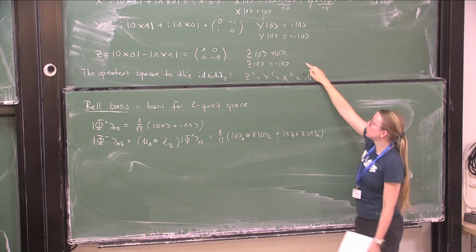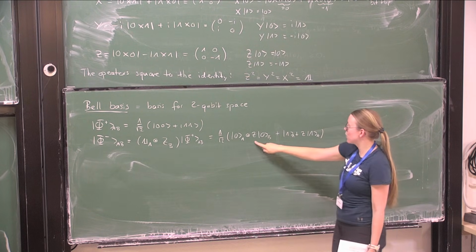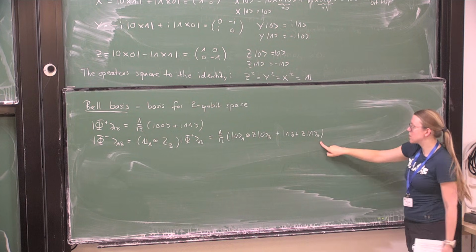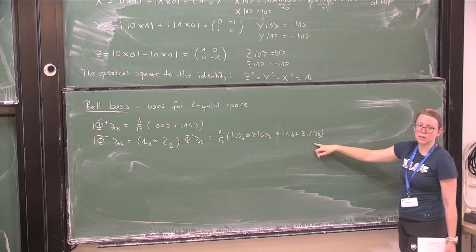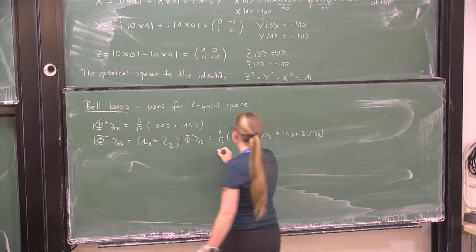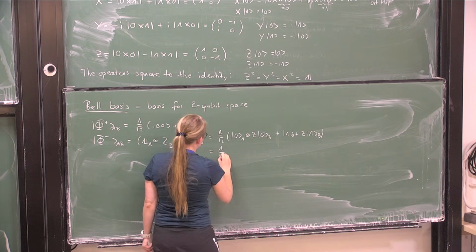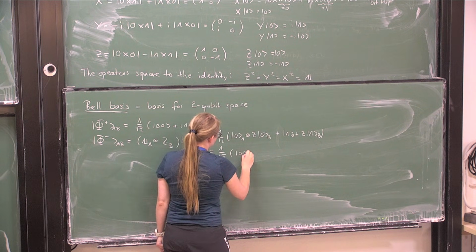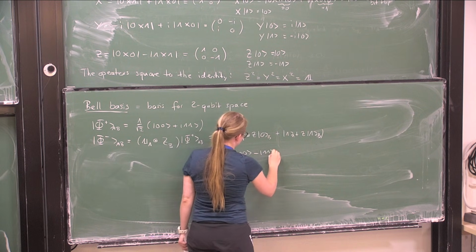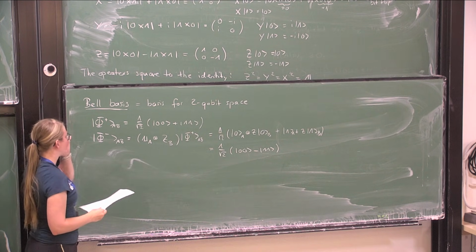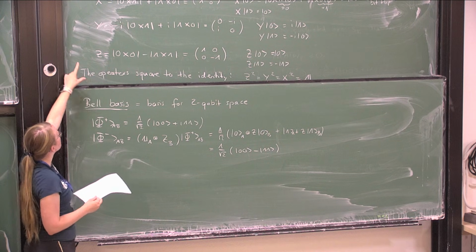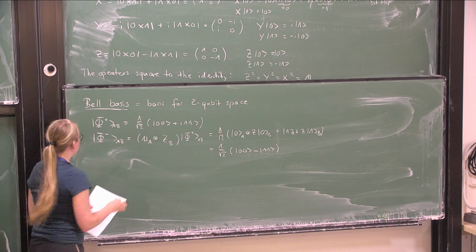And according to what we've written up there, that means in the first term, nothing happens, but in the second term, we get a minus 1 instead of a plus 1. So the state that we get here is 0, 0, minus 1. Okay.